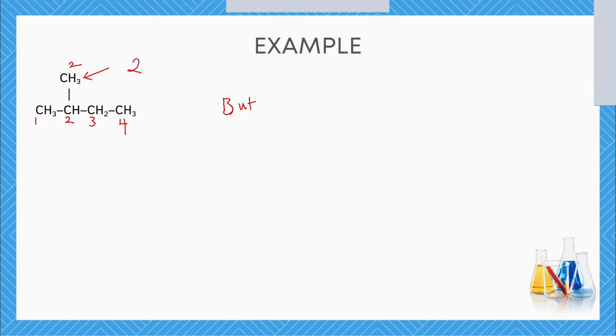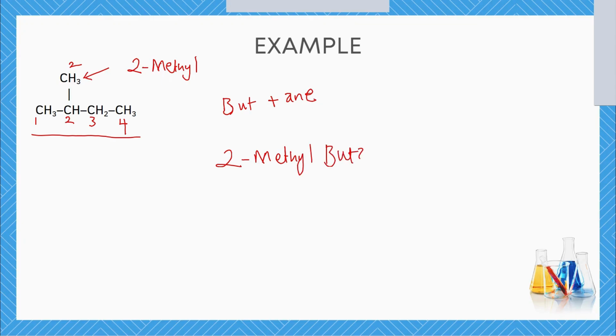So we have 2-methyl as the name of the substituent. And then it is an alkane because there are only single bonds throughout the structure, so it becomes BUT plus ANE. Now we add the name of the substituent, which is 2-methyl, and then we add the parent name, which is butane.